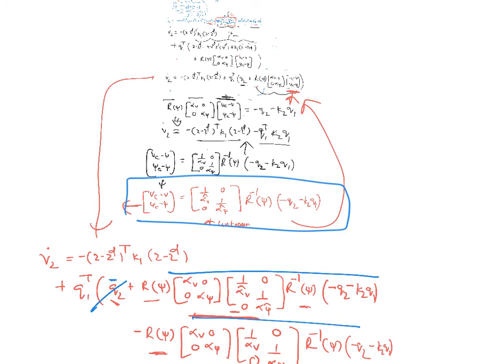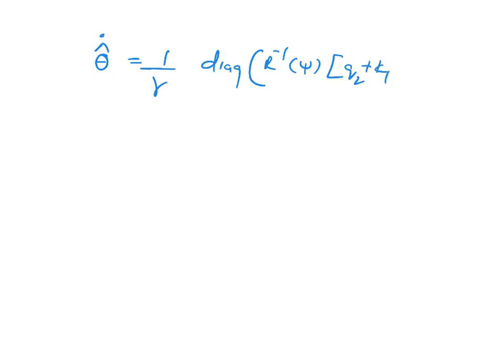So we can rewrite this whole controller, I think, going back, and that is, so see, we are saying our theta hat dot equals to 1 over gamma diag of r inverse psi q2 plus k1 q1.